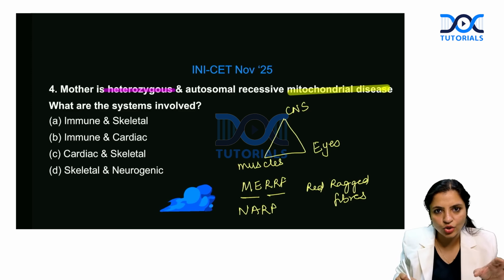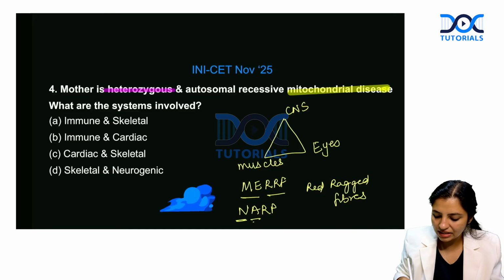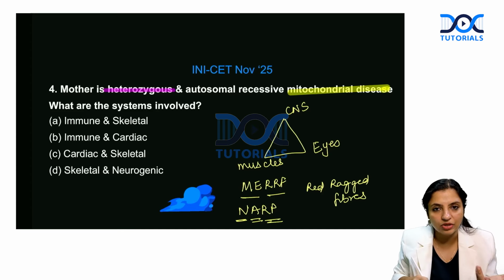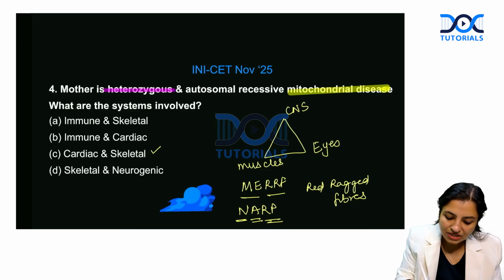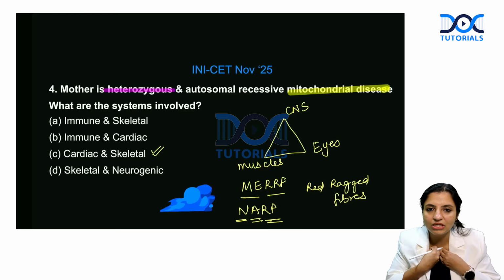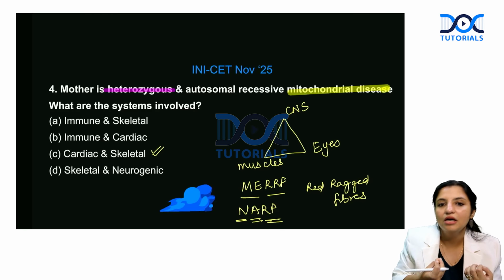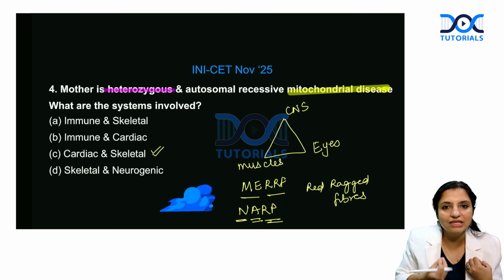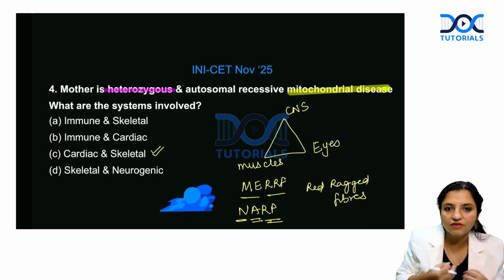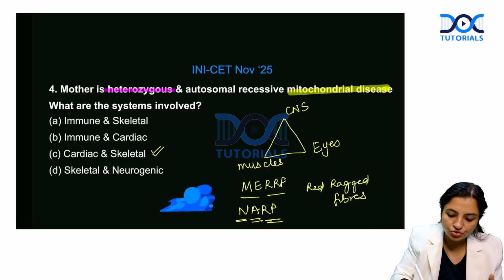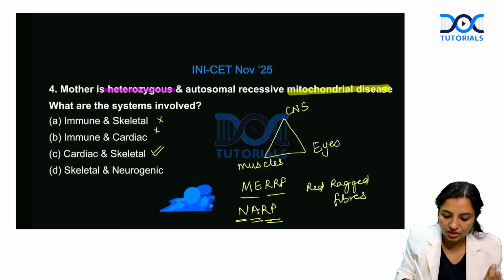Majority of them are acronyms: nystagmus, ataxia, and retinitis pigmentosa. So eye and brain. Most of the time muscles are typically involved. It can be cardiac muscle, it can be skeletal muscles. So basically, CNS is involved, eyes are involved, and muscles are involved. They can give you any combination of these. Immune system is usually not involved, and nerves are not involved.